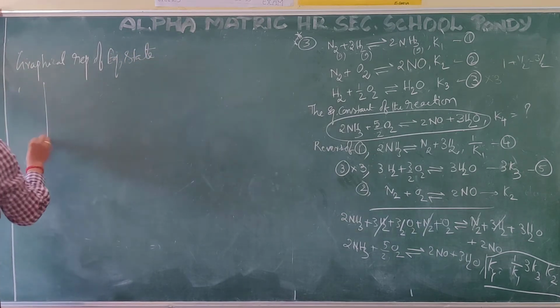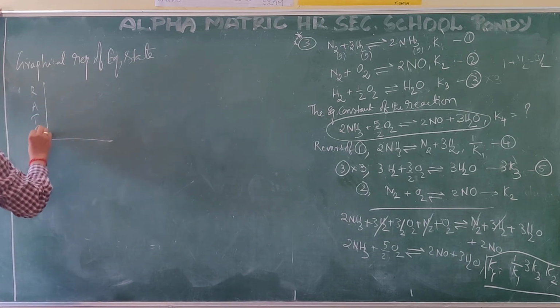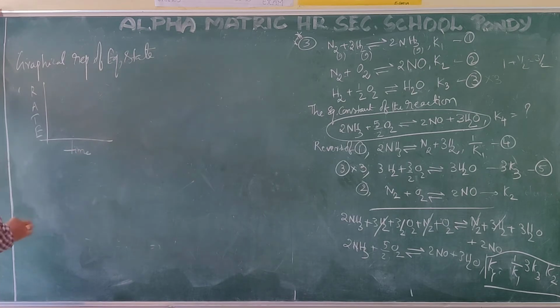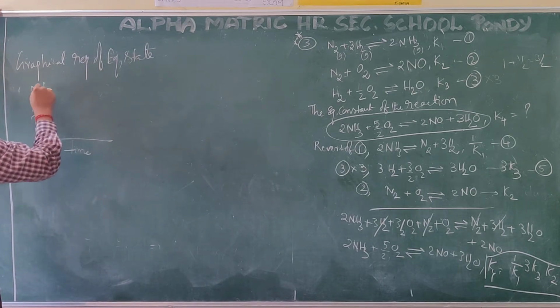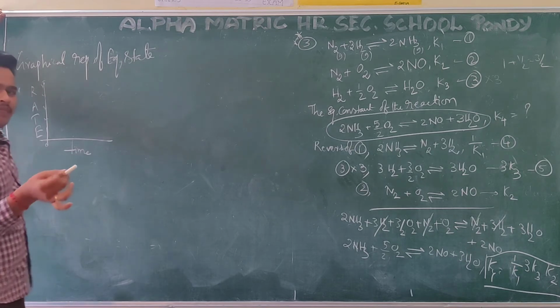What is the meaning of the equilibrium state? The state at which the rate of forward reaction is equal to the rate of backward reaction. For example, 0, 1, 2, 3, 4, 5 like that. They are given. Both rates should be equal. So if the rate of forward reaction is 5, the rate of backward reaction will also be 5.